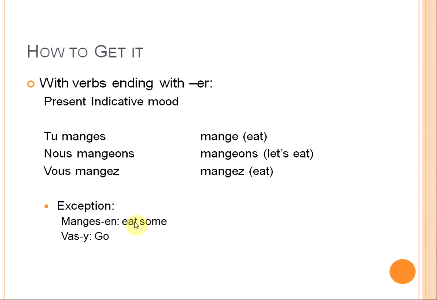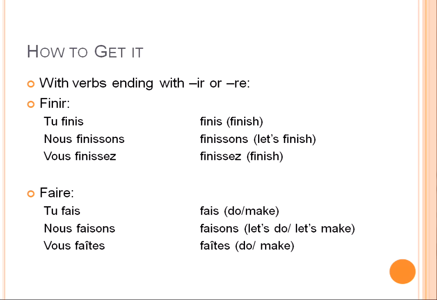So here, mange-en, eat some. If you want to say eat your potatoes, eat some, in French you will say mange tes patates, mange-en. The same thing here to translate go, we say vas-y with an s here. But we are going to see this expression later in the lesson.